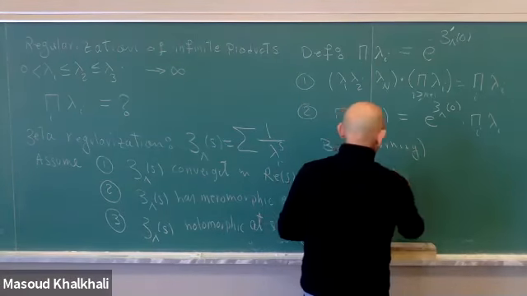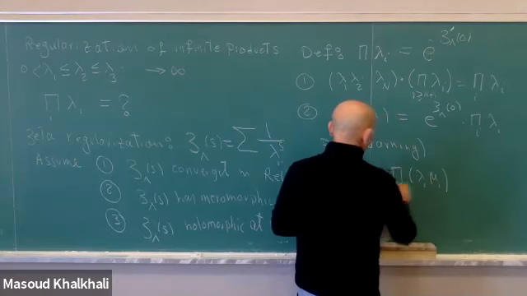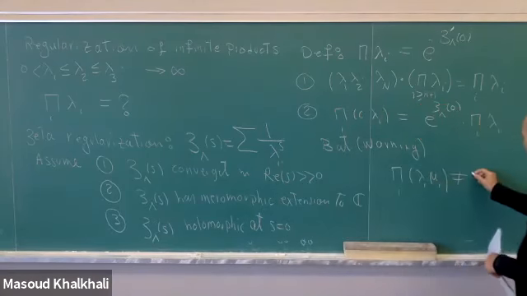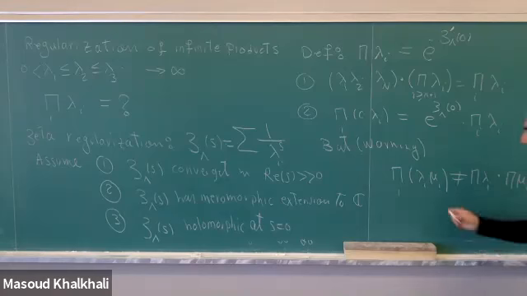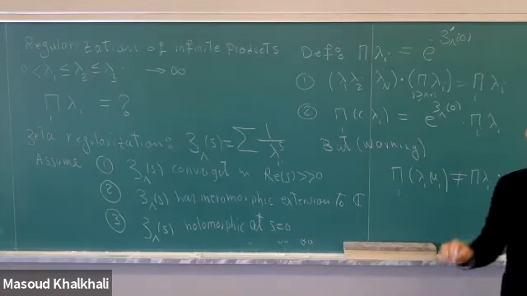That's not true in general: the product of lambda i mu i is different from the product of lambda i times the product of mu i. In other words, this sort of product is not multiplicative.